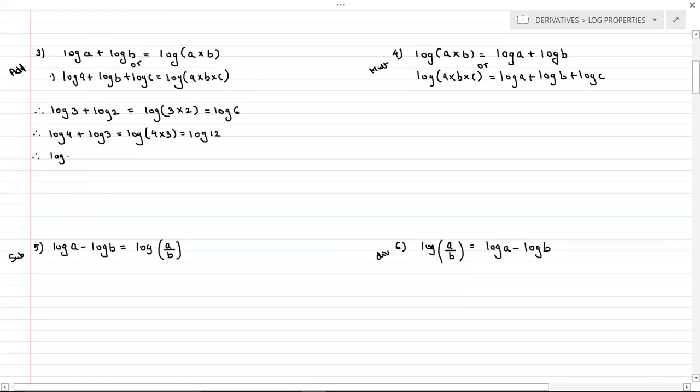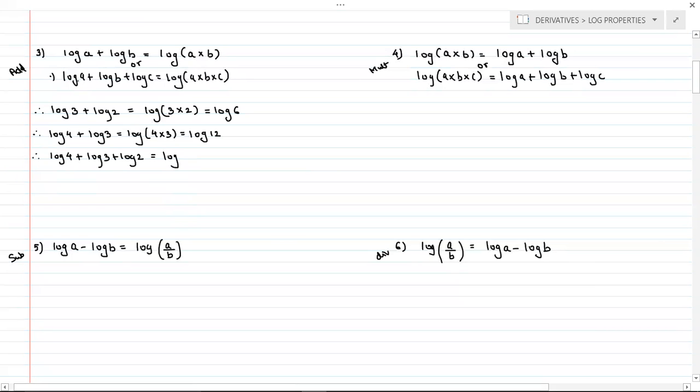So if I say here log 4 plus log 3 plus log 2 plus so and so. Whenever you have to add logs, and you see that it contains 2 or more than 2 logs, using this property it can be written as what? Here we have 3 terms.